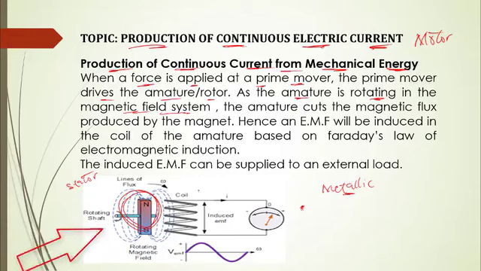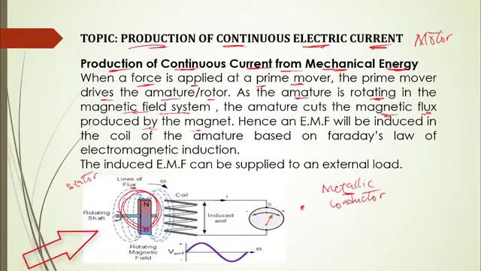Now, a metallic conductor, which is the rotor, has been introduced into this magnetic field. This rotor or armature continues to rotate in this magnetic field, and it ends up cutting across the magnetic flux or the magnetic lines of force that have been produced by the magnet.